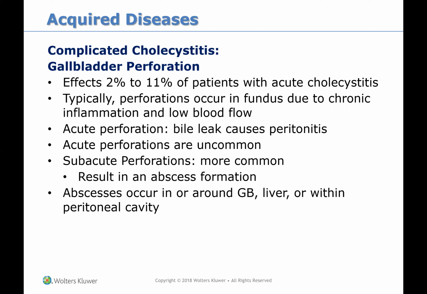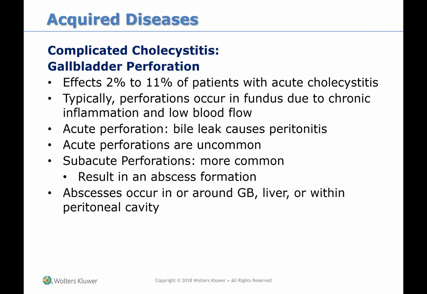Gallbladder perforation affects 2 to 11% of patients with acute cholecystitis. Typically, perforations occur in the fundus due to chronic inflammation and low blood flow. Acute perforation is where the bile leaks into the peritoneum and causes peritonitis, but it's pretty uncommon.